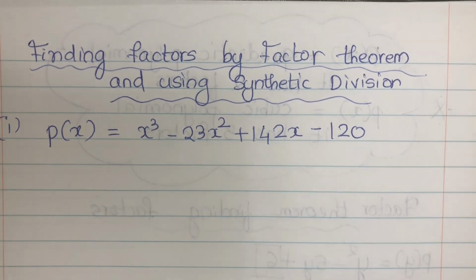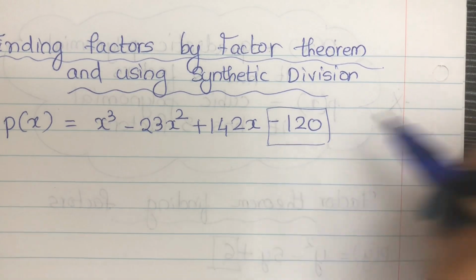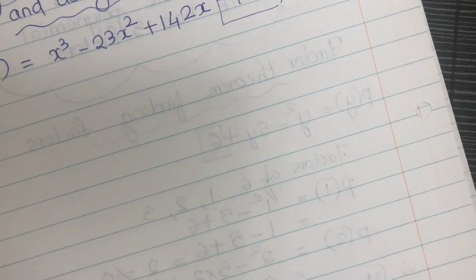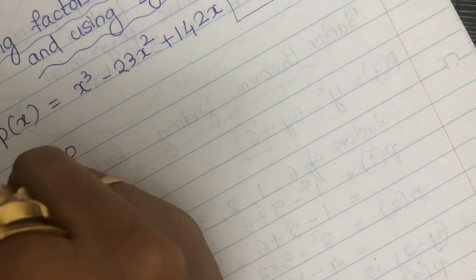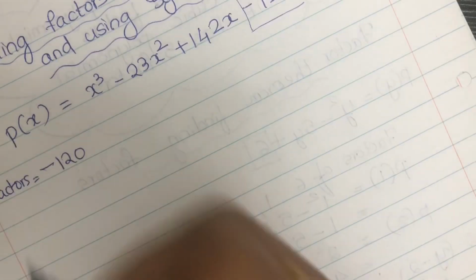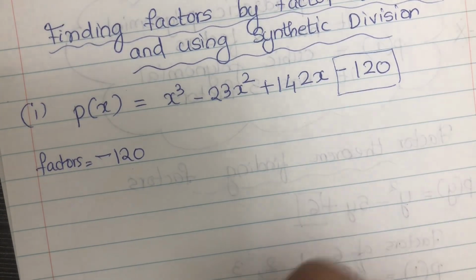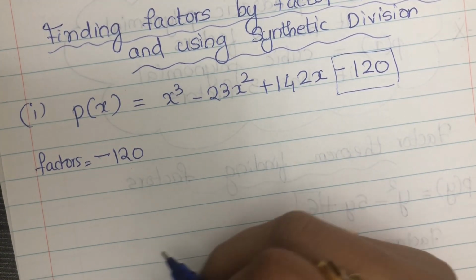In the factor theorem, what did I say? We have to take the constant first. So how much is the constant here? Minus 120. So we have to write the factors of minus 120. The factors can be plus and minus, right?